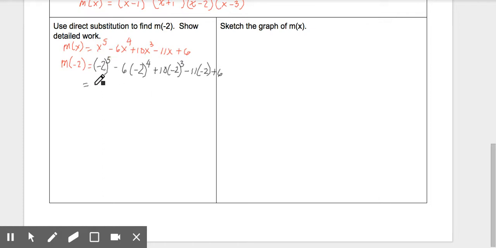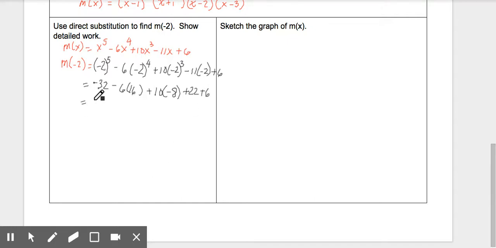Negative 2 to the 5th is negative 32. Minus 6 times negative 2 times negative 2 times negative 2 times negative 2 is 16. Plus 10 times negative 2 times negative 2 times negative 2 is 8. Negative 11 times negative 2 is plus 22, plus 6.